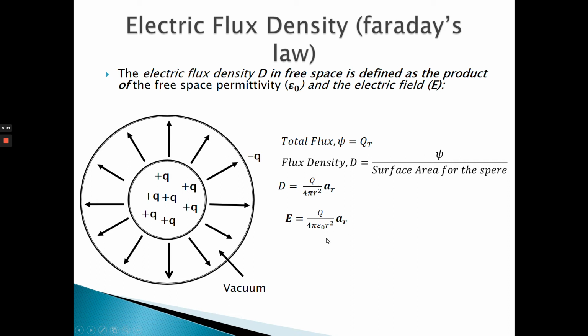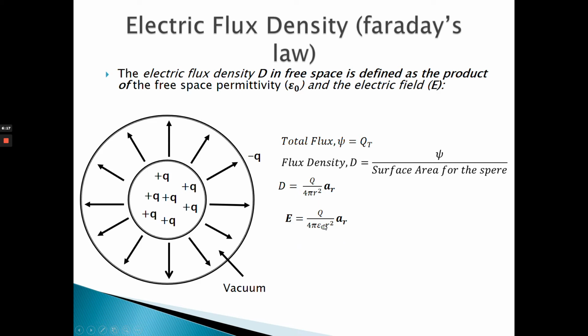The only difference between them is epsilon naught. Epsilon naught is a property of the medium, which can be vacuum, or you can put oil, air, wood or water here. So water will define epsilon r of water.